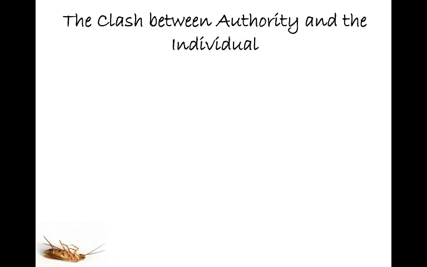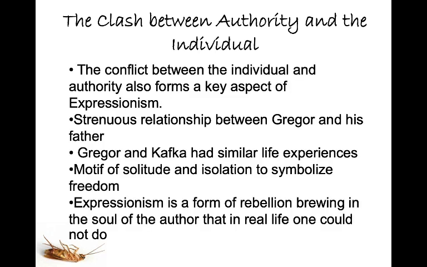And as I said earlier, this conflict between individual and authority forms a key aspect of expressionism. This novella describes the strenuous relationship between Gregor and his father, who went to the extent of fatally attacking his son.